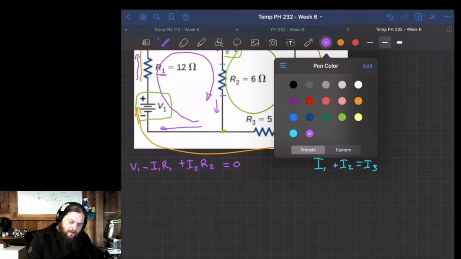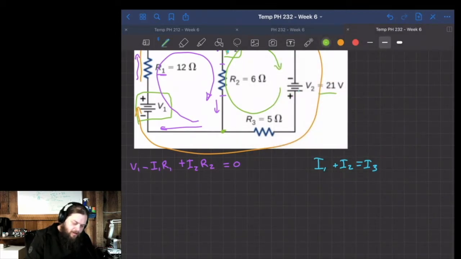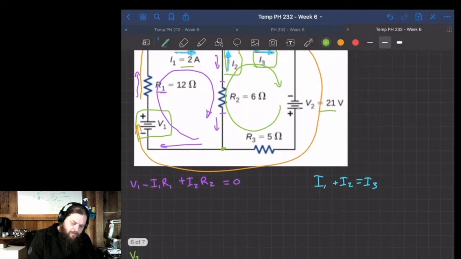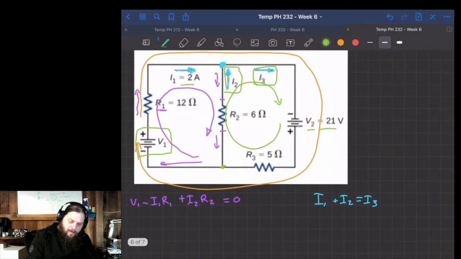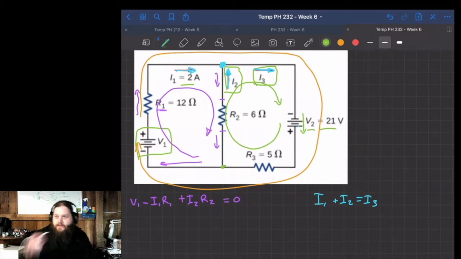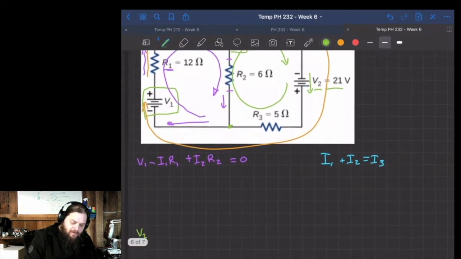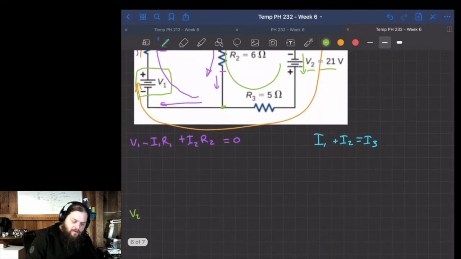Looking at the green loop, that's V2 here, and I'm going this way. As far as the voltage supplies go, we can always draw a line from negative to positive. If our loop is in that same direction, it's a positive voltage. If our loop goes the opposite direction, we have a negative voltage for that supply. In this case it's positive because those are in the same direction.